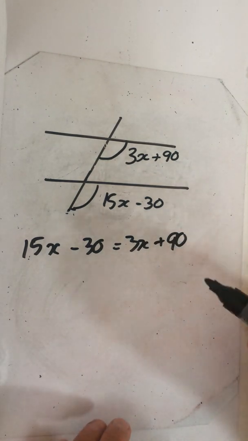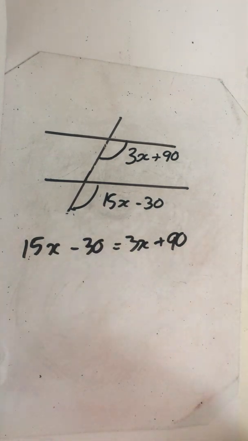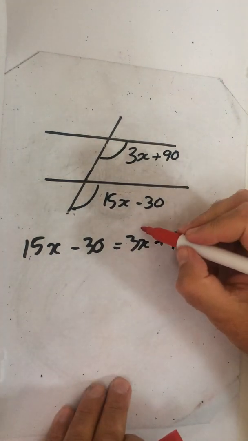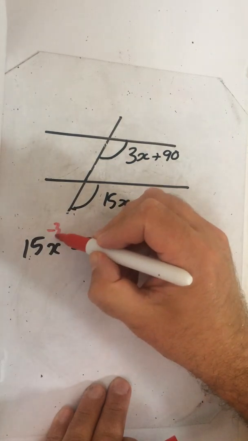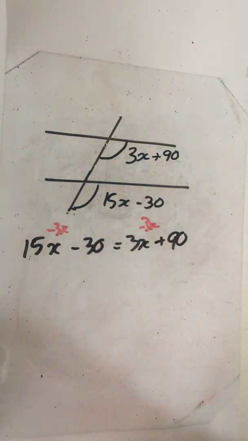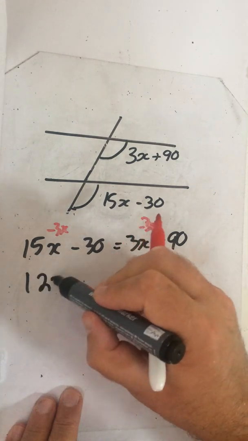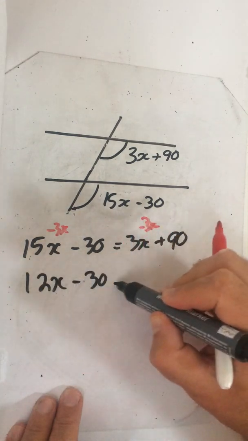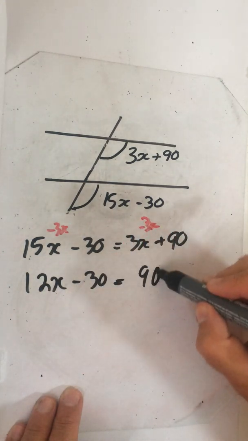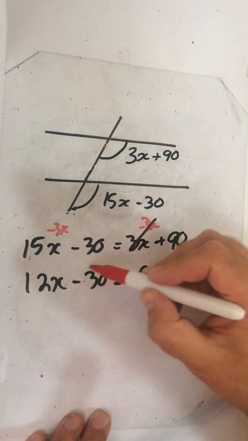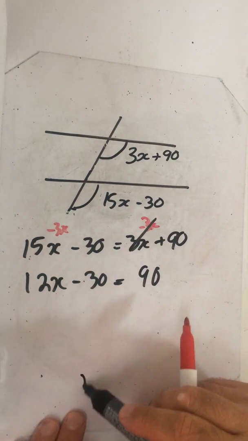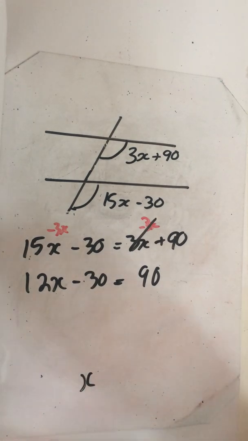So all I have to do is minus 3x on this side, because I want to get rid of that 3x. Do the same on the other side. So now I'm left with 12x take away 30, which is equal to 90, because I got rid of that. I want to get rid of this minus 30, because I want to be left, remember, with x on the one side of the equation.